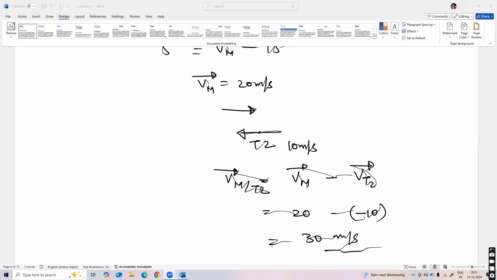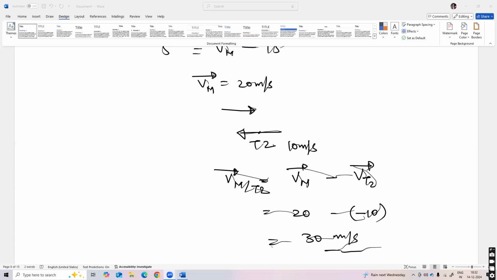So we will see the river and boat problem because it is very common in these relative motion questions. They can ask a question from the river and boat problem.